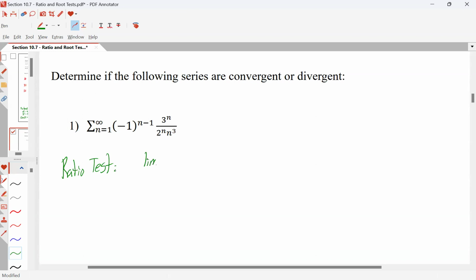to look at the limit as n goes to infinity of the ratio of the n plus 1 term over the nth term.